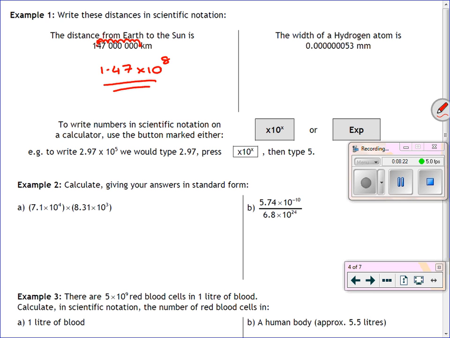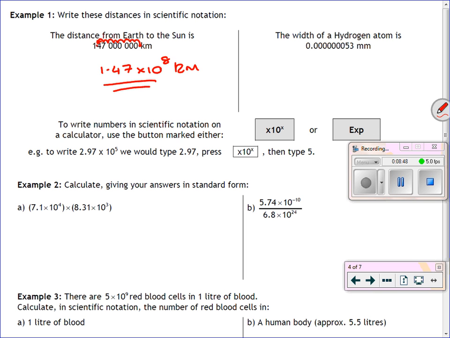That's it. Obviously we'll put in our units, kilometers. So really, scientists won't really talk about millions of kilometers. They'll say that the distance from Earth to the Sun is 1.47 times 10 to the power 8 kilometers. It's a standard way to talk amongst the science community.